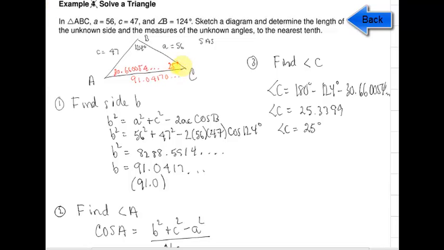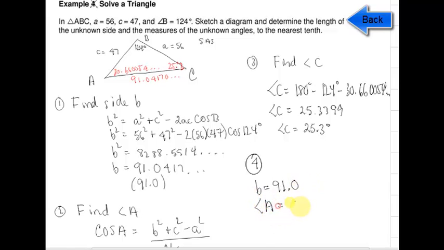Okay, and I can round that off now because that's the last calculation that I have to make. Oh, sorry, I need it to the nearest tenth of a degree, so it's 25.3 degrees. Okay. So my answer is that B is equal to 91.0 to the nearest tenth.